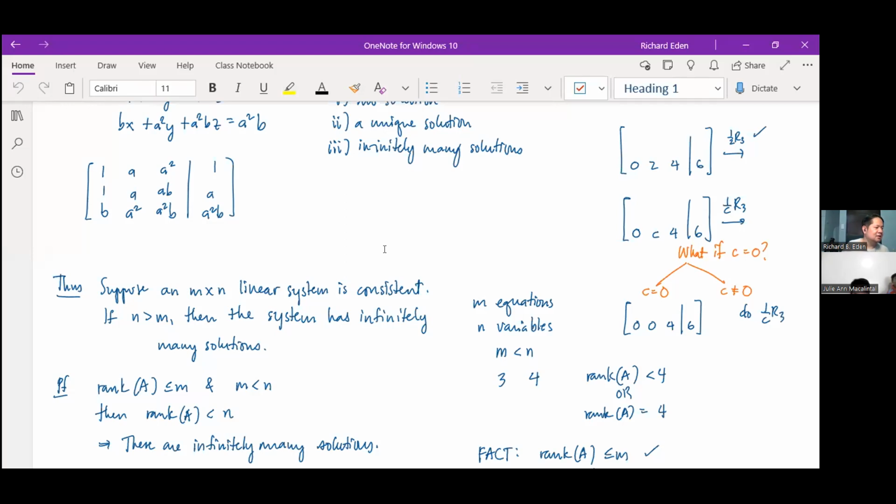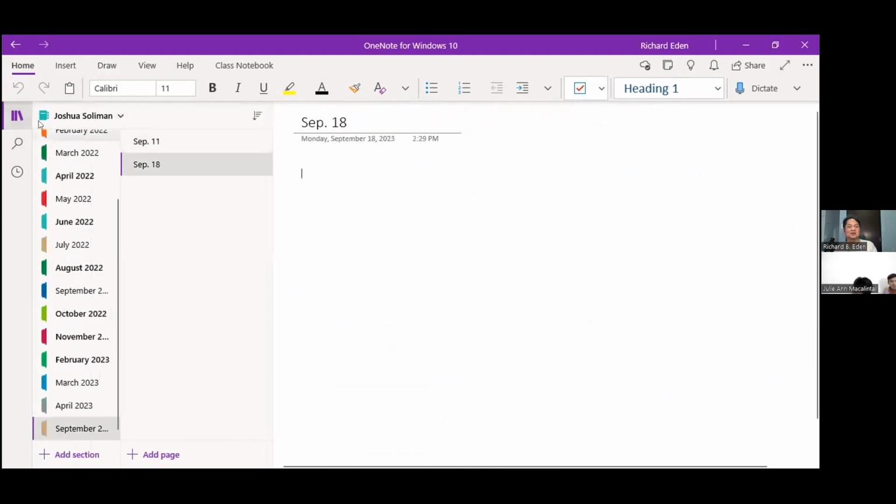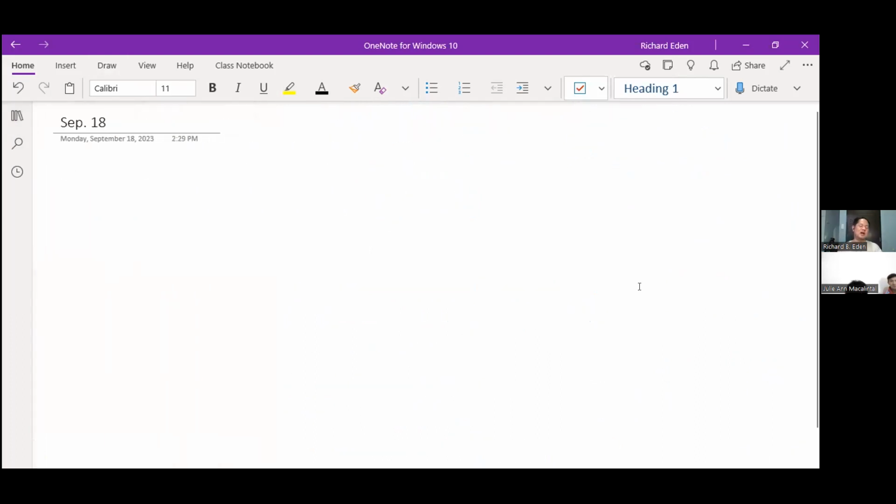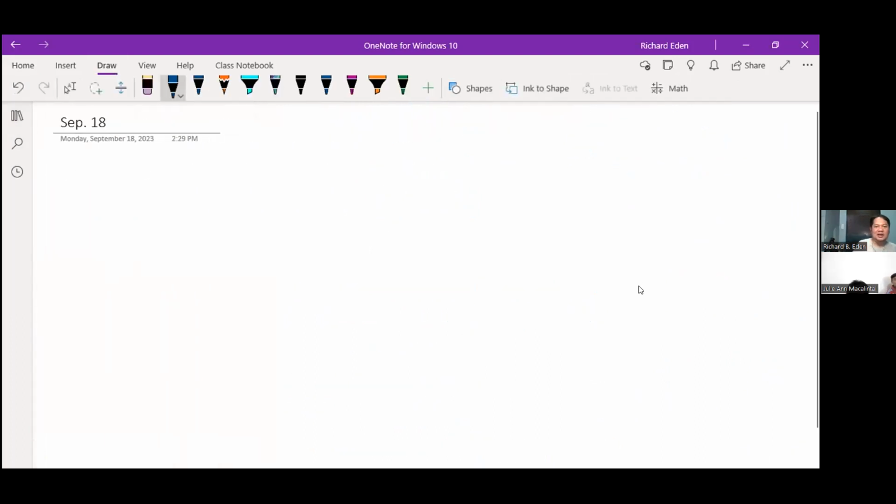Baka meron po kayong mas magandang method? I think as far as computations are concerned, okay na siya. Pero kasi nung approach ko typically is we unearth the theory. So how about ito? I'll just try to ask some questions.